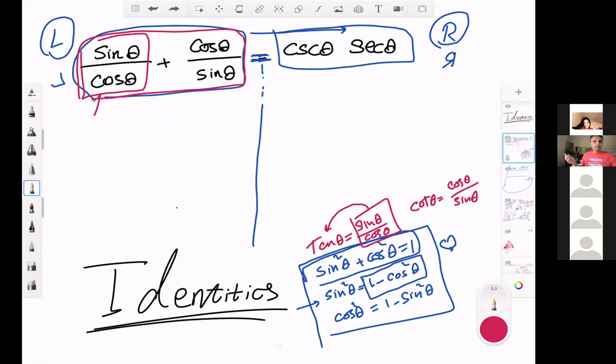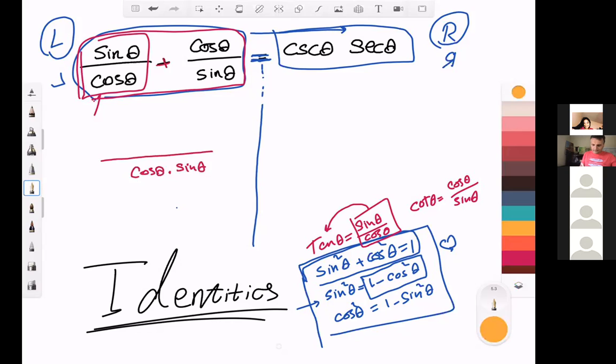So we find a common denominator, which will be cosine theta times sine theta. I'm trying to add them. The first one is missing sine theta, so I multiply this by sine theta. Sine theta times sine theta is sine squared theta, plus this one is missing cosine of theta, so I multiply by cosine theta and get cosine squared theta.